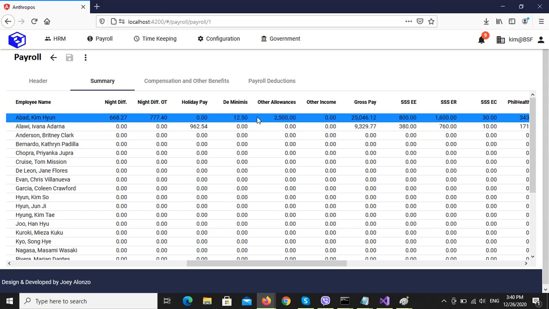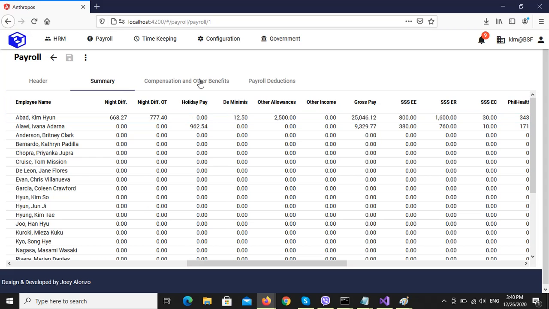Okay, so please take note that the value that comes here is a summation. Okay, it's not only on one row. So if you have many de minimis benefits, they will be summed up and will come here, like here.